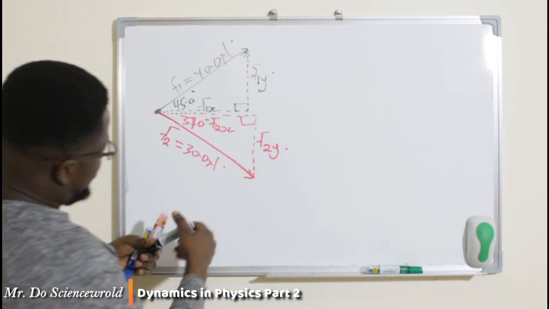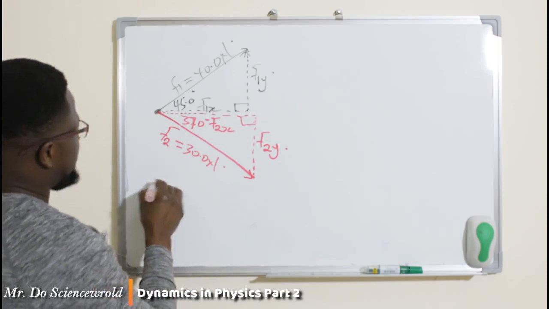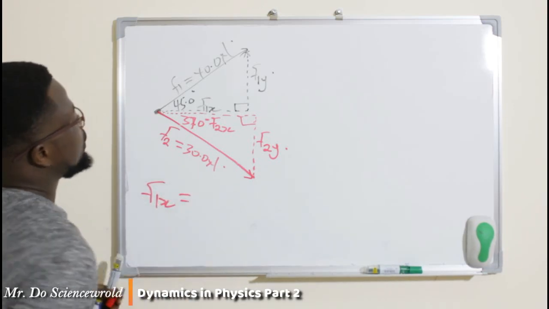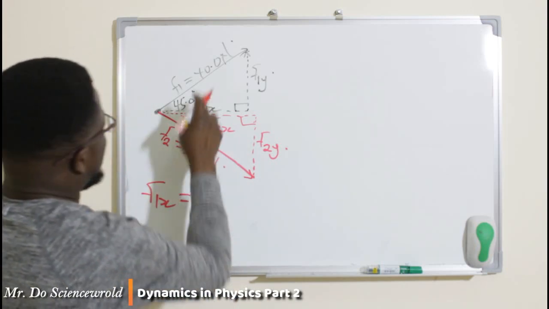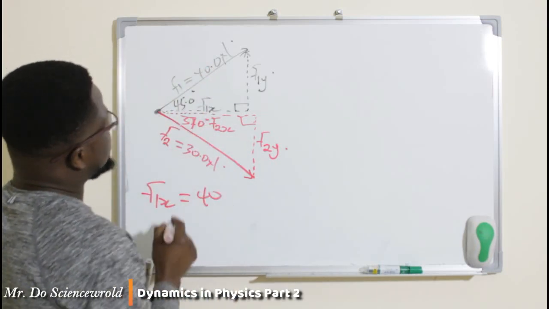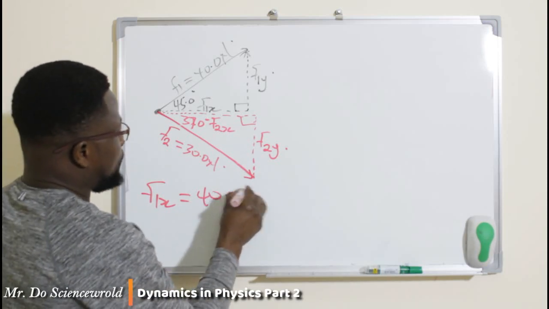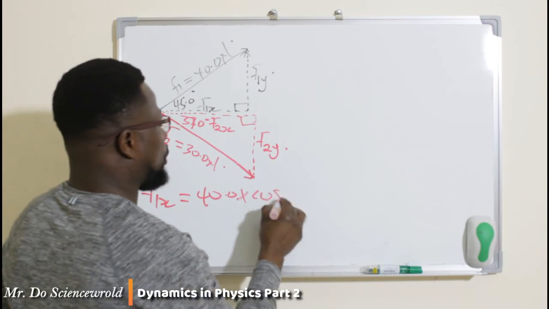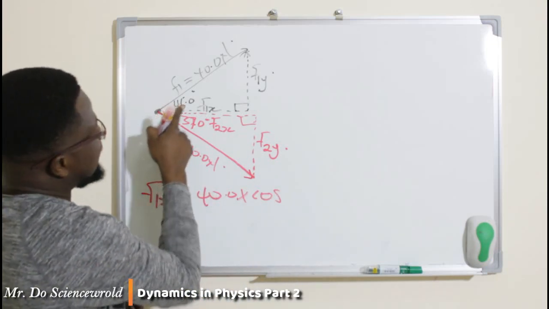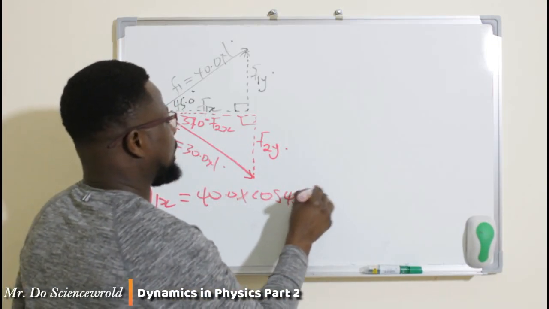So straight away I'm going to solve and find my F1x. To find my F1x, it's going to be 40 multiplied by, because this is adjacent, cos of the angle, and the angle is 45 degrees.